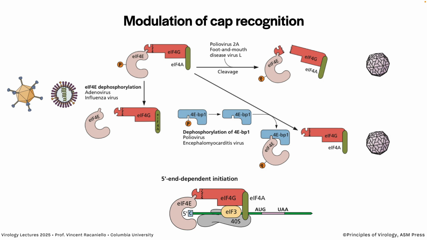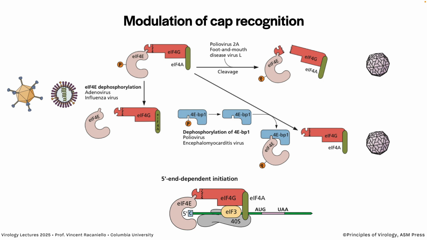Now, some viruses encode proteases that cleave EIF4G. Poliovirus, foot and mouth disease virus, and others will cleave EIF4G. Now, here's the cleavage point here, this little jig-jag line. With 4G cleaved, you can no longer recruit the 40S subunit to the RNA because even though 4E binds, it's not attached to EIF4G, right? It's cut off. So that's how shutoff occurs there.